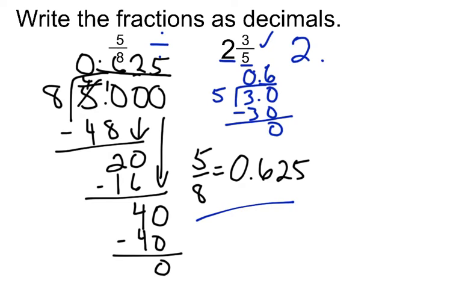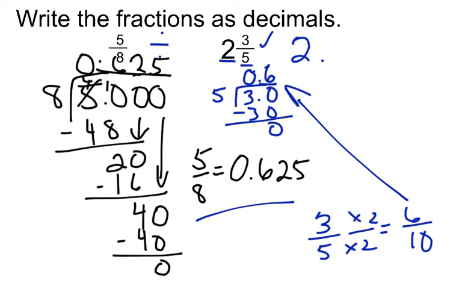So 3/5 is equivalent to 6/10. And yes, some students say, well, can I just convert the fraction 3/5, multiply it by 2, and get 6/10, and then I know how to write 6/10? That is another way of doing it. So that way will work.